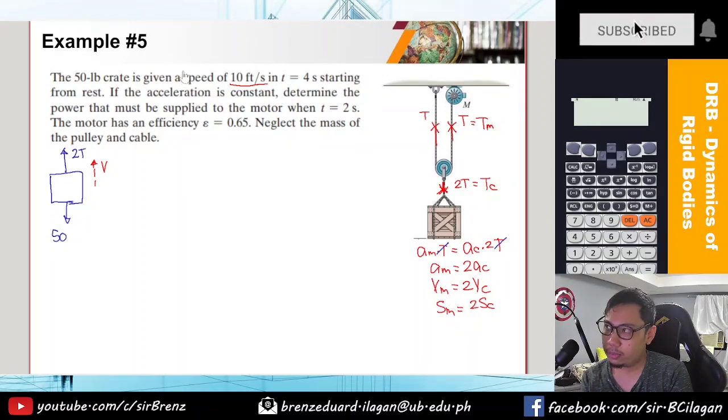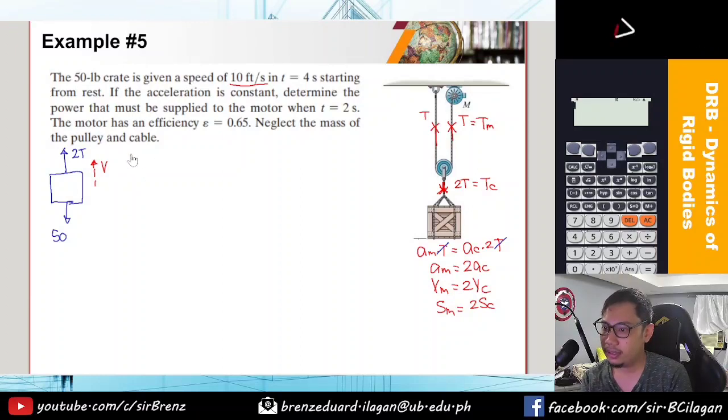Output over input is equal to the efficiency, and power is equal to force times velocity. So let's find the value of the acceleration.